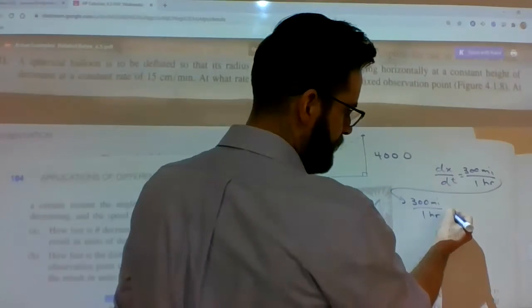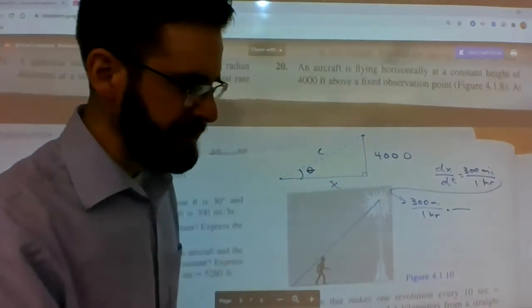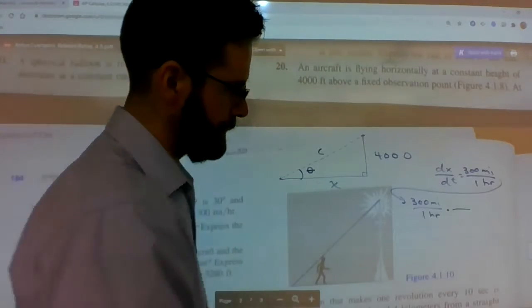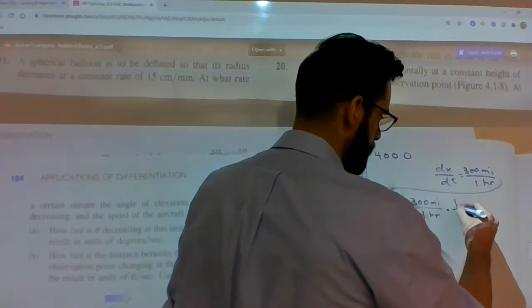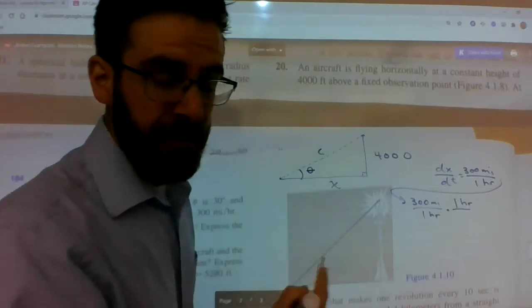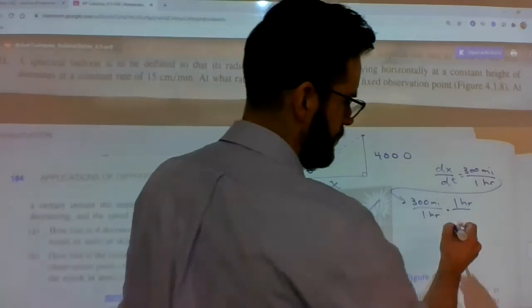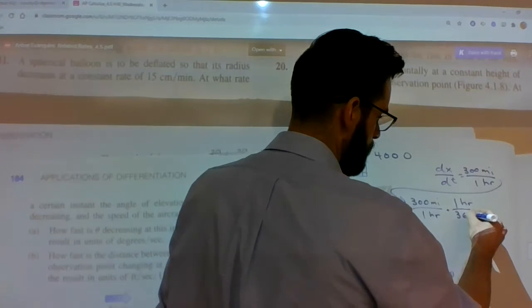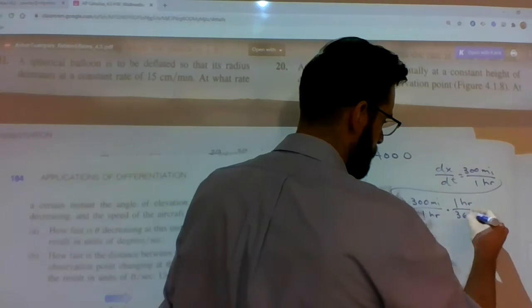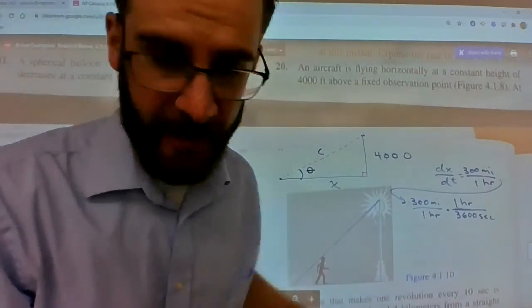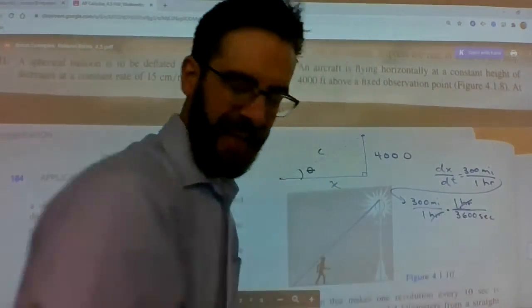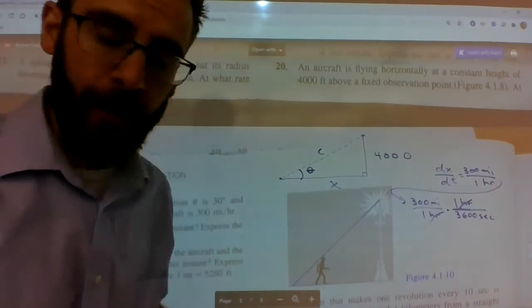So I'm going to say there's 1 hour, and I'm going to put it on the top of the fraction to get rid of the hours, for every 3,600 seconds. If I do that, I now have it in terms of miles per second because the hours units cancel out.